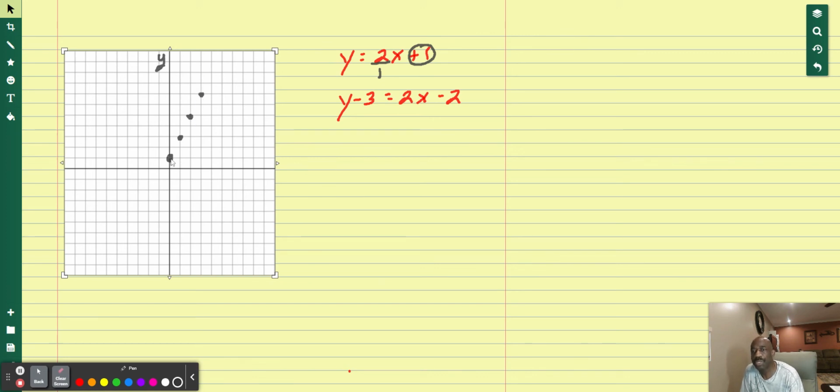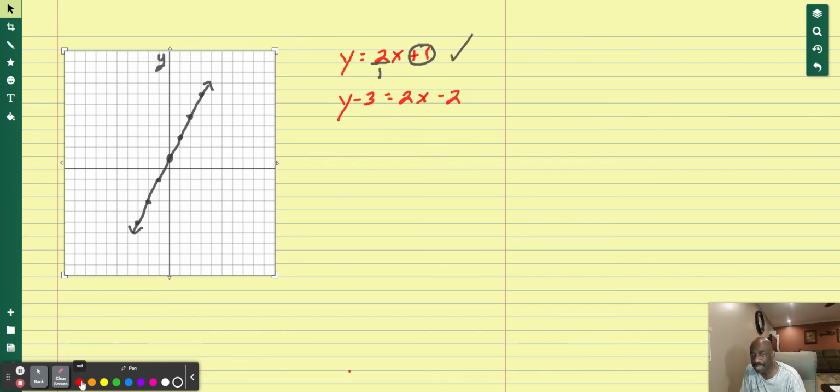Let's work backwards. Instead of going up 2, I need to go down 2, back 1, down 2, back 1, down 2, back 1. All right. Let's connect these dots. That's the line for the first equation, which was this one right here.